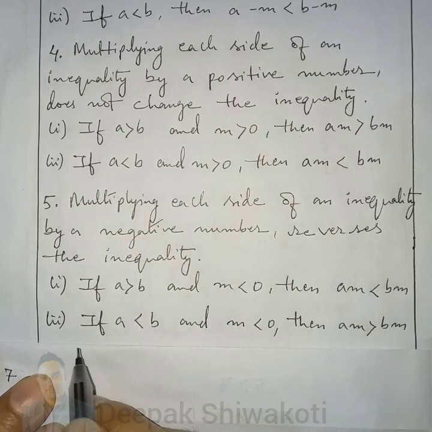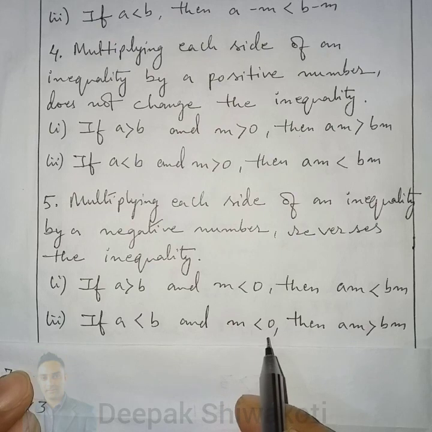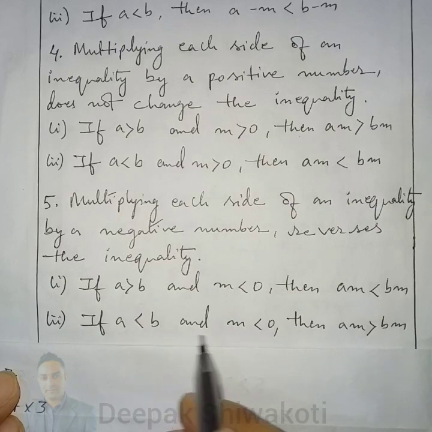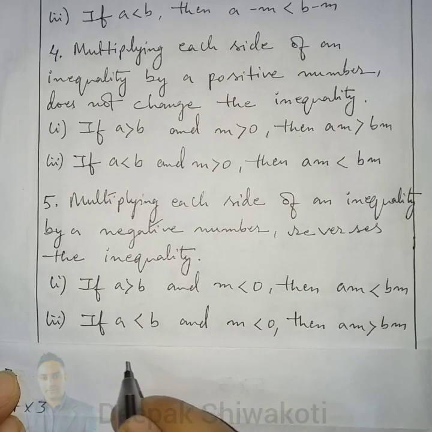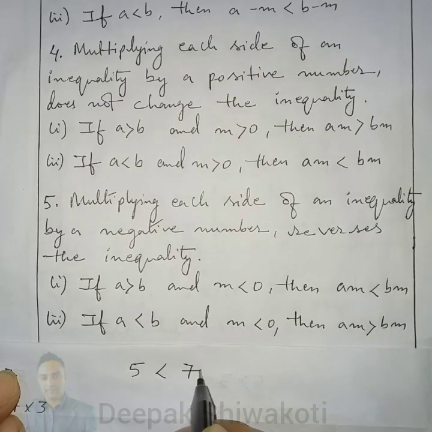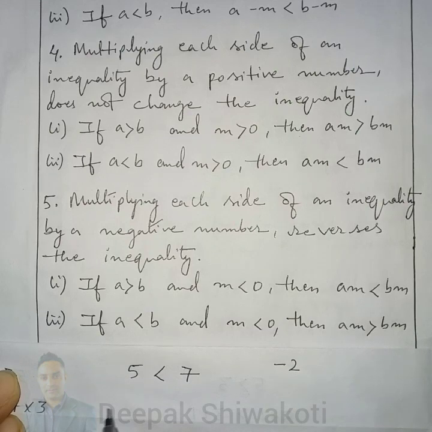Number 2: if a is less than b and m is less than 0, then am is greater than bm. So here also the sign of inequality changes. Suppose here 5 is less than 7, and we are multiplying by a negative number, minus 2. 5 into minus 2, 7 into minus 2.